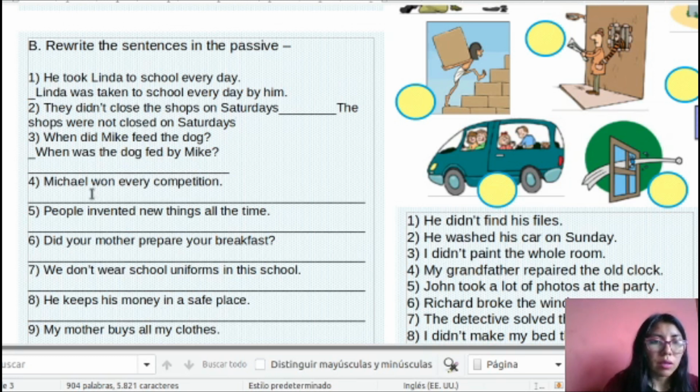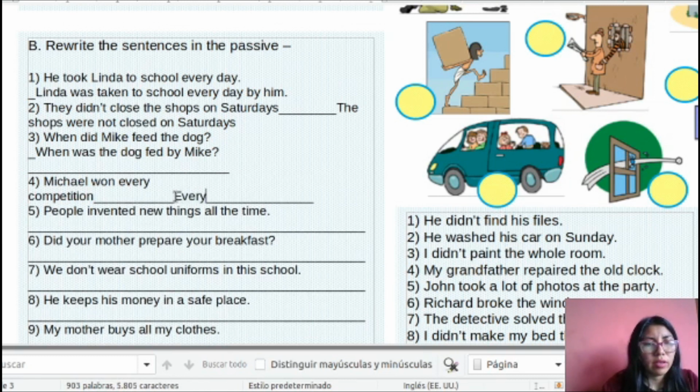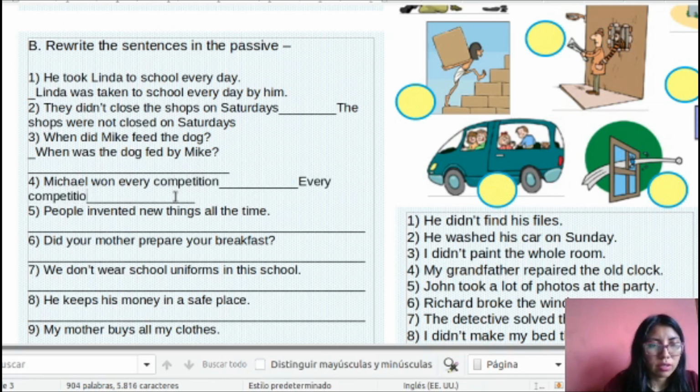Okay, Michelle won every competition. Okay, we are going to change. Every competition was won by Michelle.